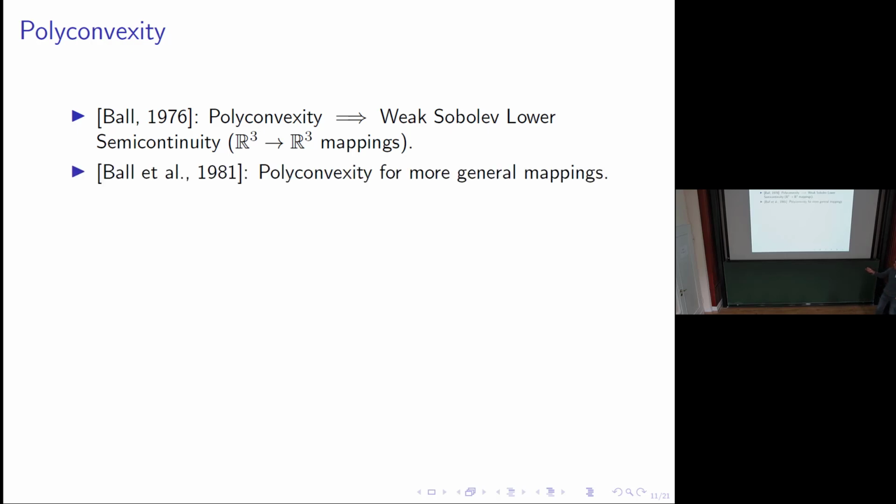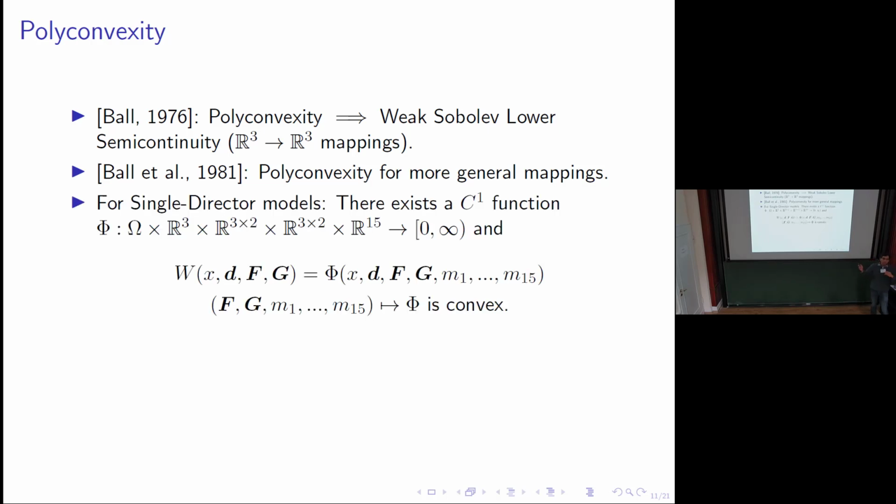And then another paper that I read at that time was Ball et al. 1981, where they generalized this notion for more general mappings, where you have higher gradients, multiple mappings, etc. And you can specialize that notion of polyconvexity to single director Cosserat models.